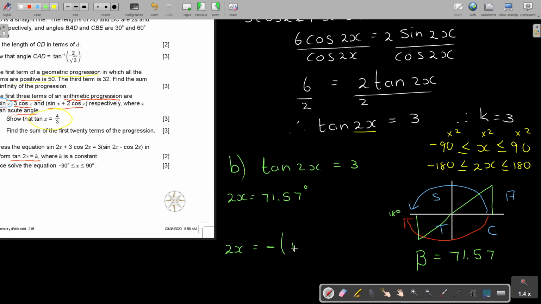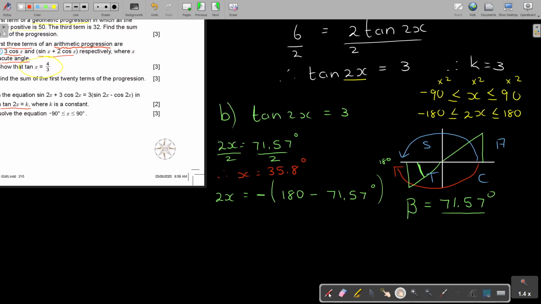So I'm going to say 180, because that one is 71.57, minus 71.57 degrees. That's my other. And then I divide by 2, divide by 2. So therefore, x equals, if I divide by 2, I get 35, and now I make 1 decimal place.